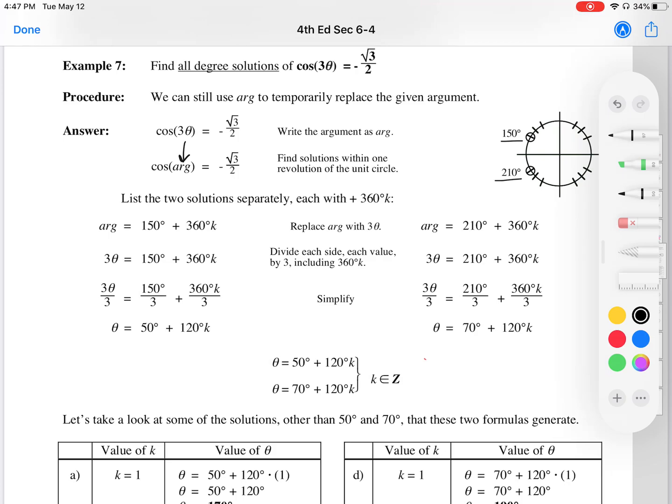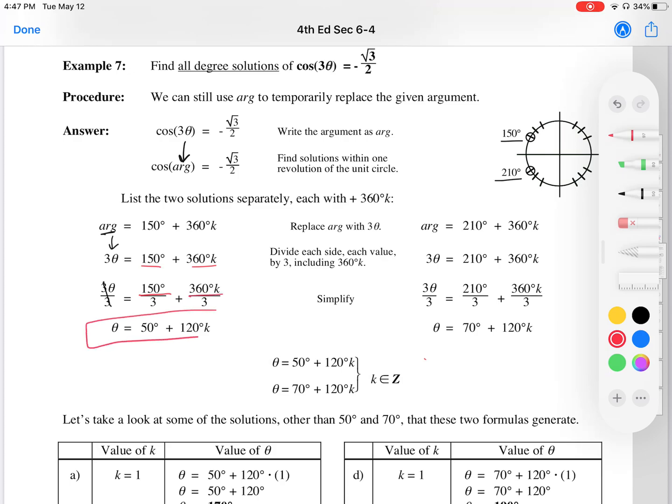Now, I don't have an interval to work with, right? So that's going to affect my plus something. So I have arg is equal to 150. Arg was replacing that 3 theta. Okay, I want theta by itself. So we have to divide by 3, but we have to divide 3 to all things.